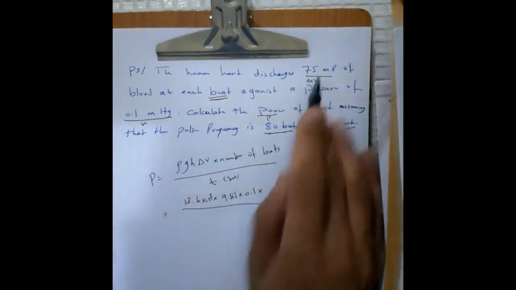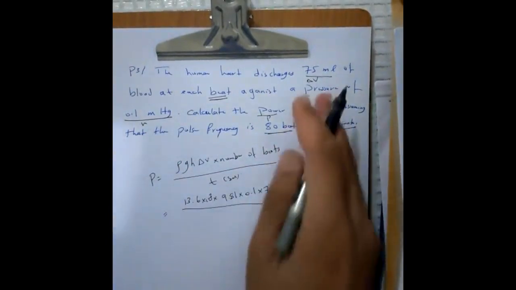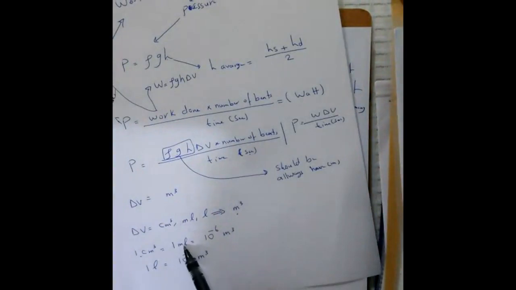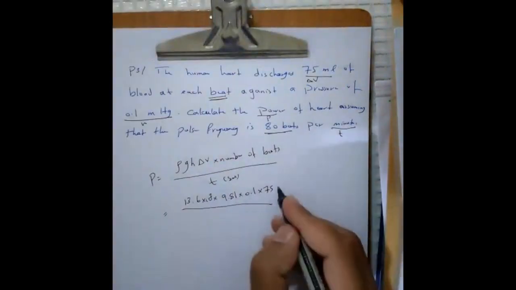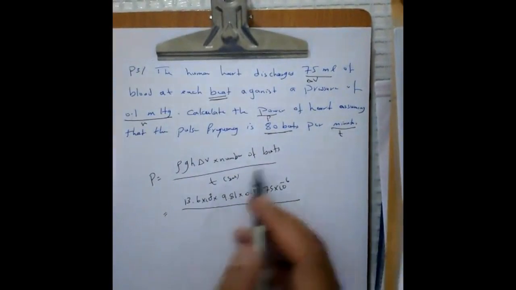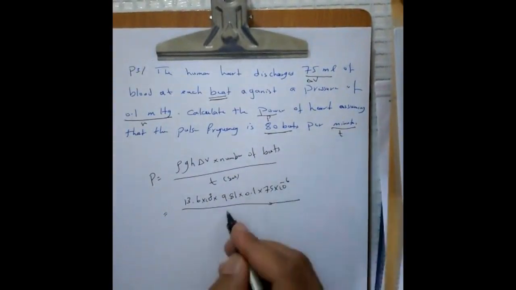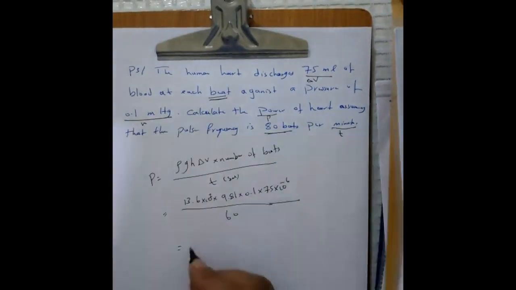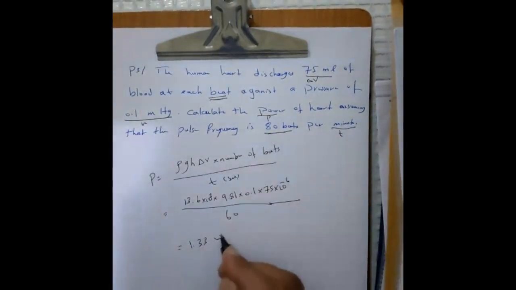Delta V is 75, now it's milliliter. When it's milliliter or centimeter cubic, you will multiply it by 10 to the power minus 6. So it will be multiplied by 10 to the power minus 6 over time in minutes, so I will transfer to the second. I will divide by second. The answer will be 1.33 watt.